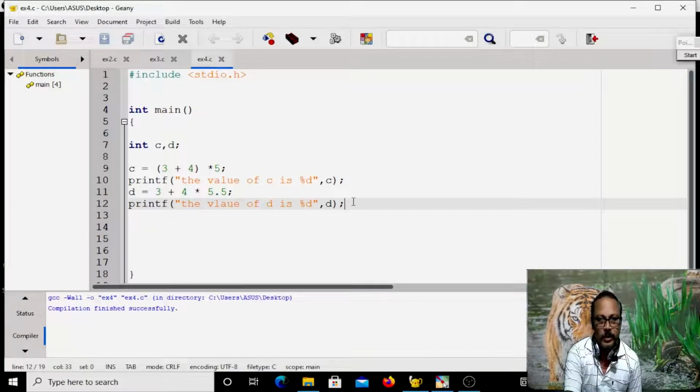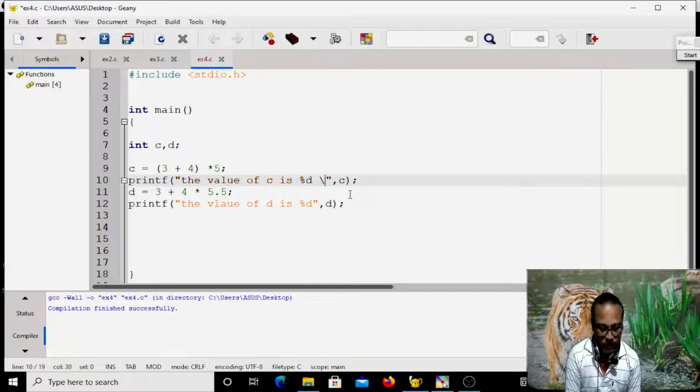What is happening? Confusion here. D value is 25. Why am I getting 25? What is 4 star 5.5?